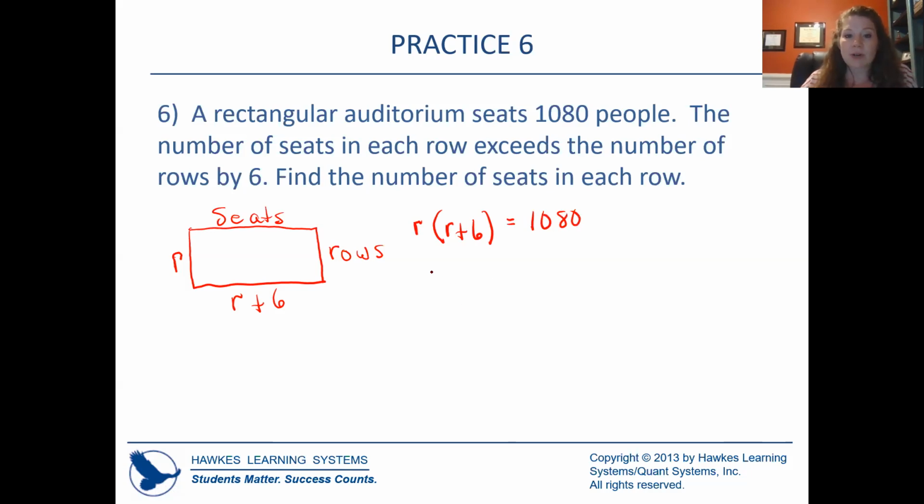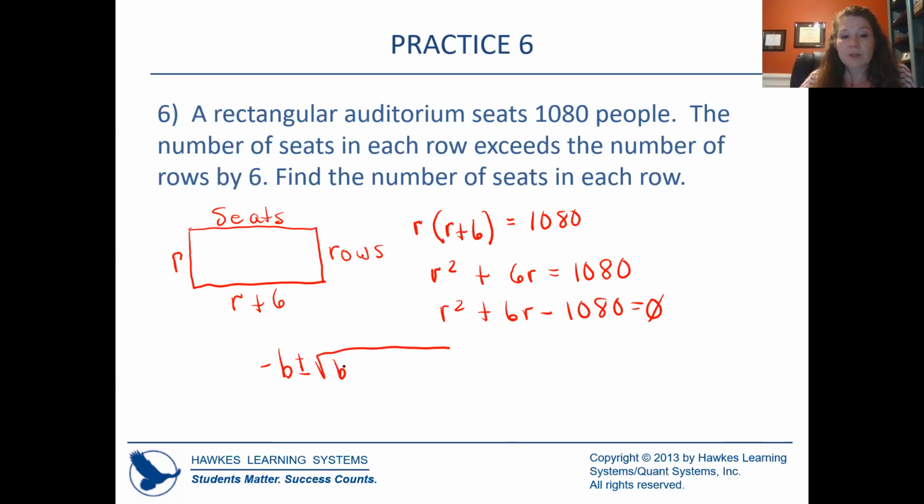So now r times r is r squared, plus 6 times r is 6r, equals 1080. We want this quadratic to equal 0, so we're going to subtract 1080 from both sides. And then we're going to use our quadratic formula: negative b plus or minus the square root of b squared minus 4ac, all over 2a.